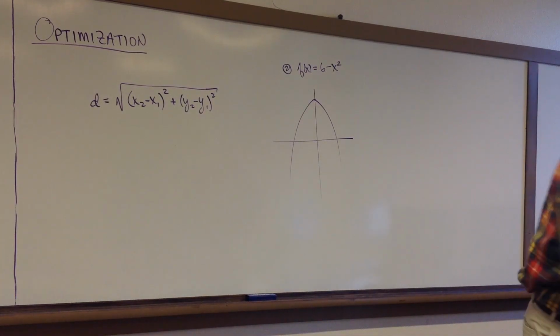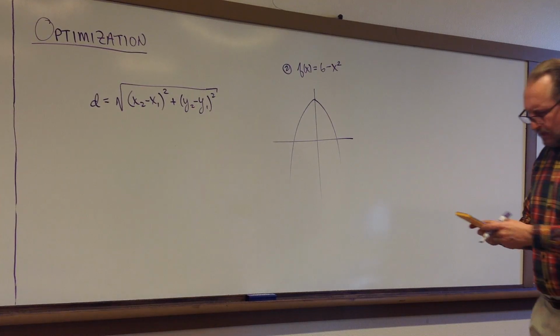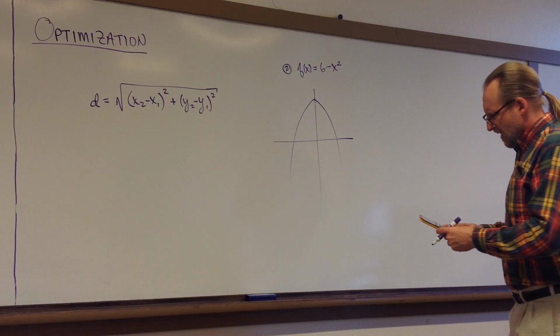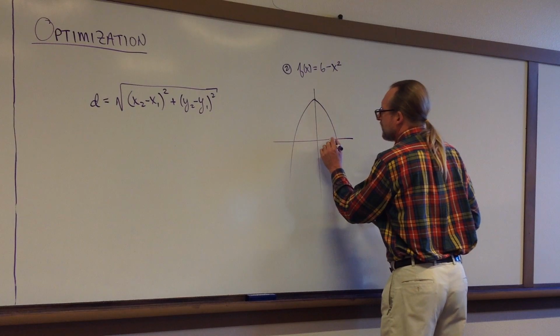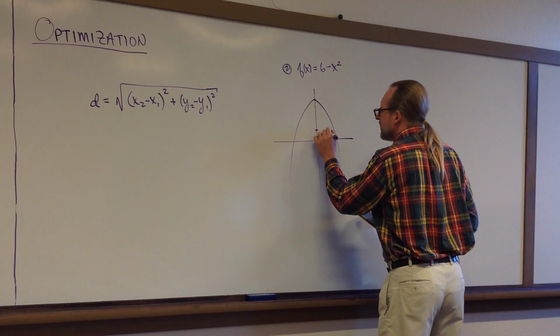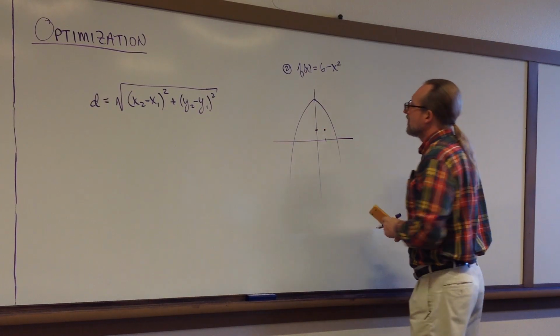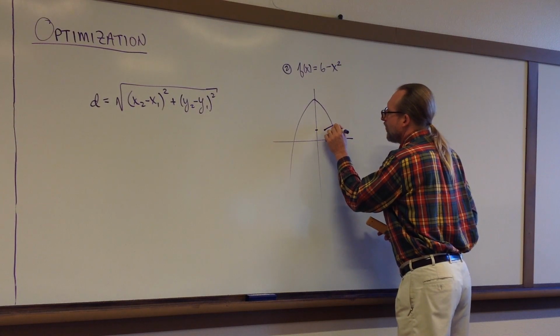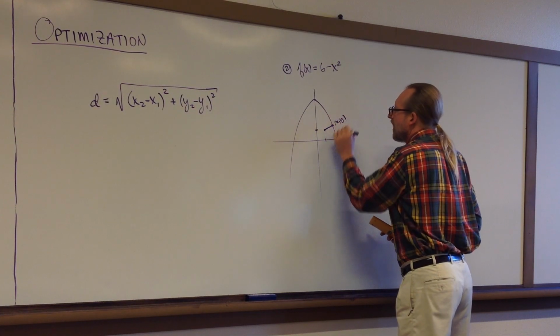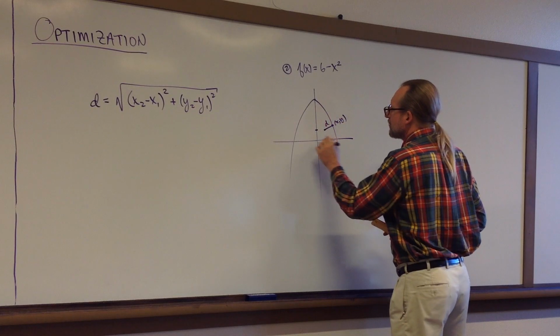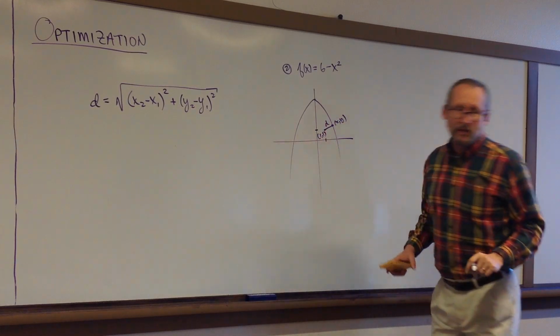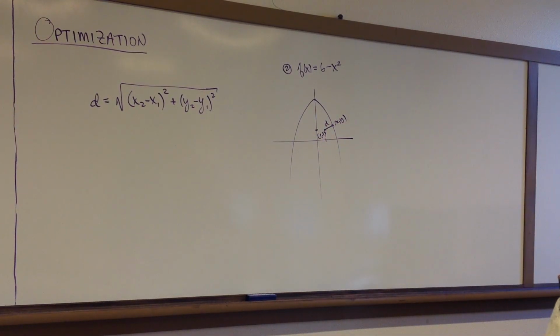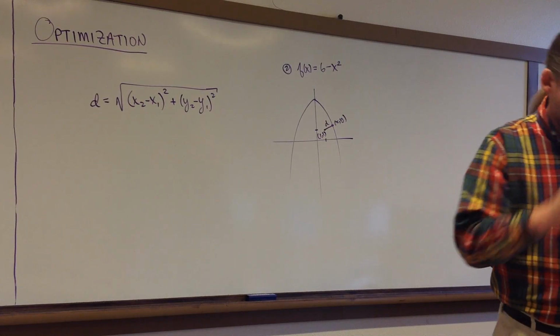Let's see here. So what is square root 6? About 2.45, so the point (1, 1) is going to be inside there somewhere. So we're going to have some point over here, (x, y), that is closest to that point (1, 1).